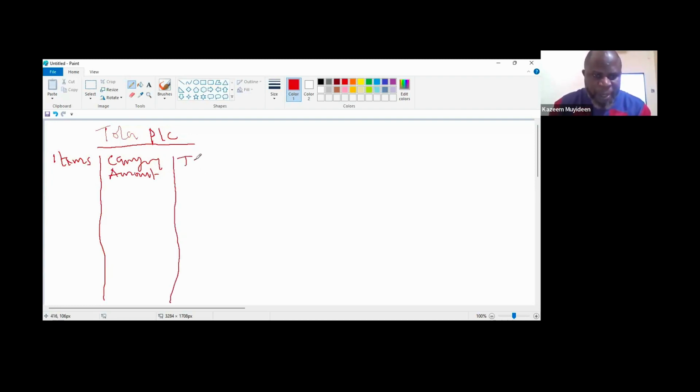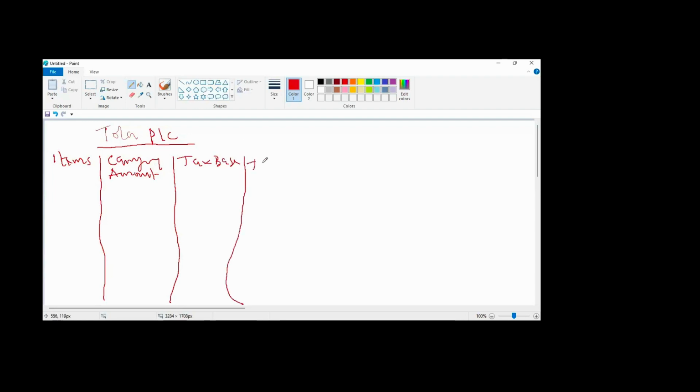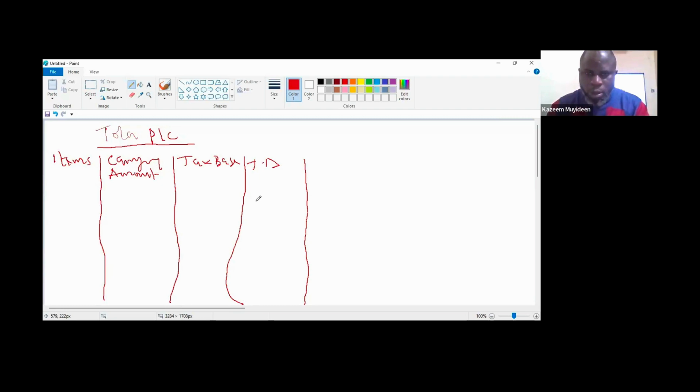The tax base. The temporary difference. Tax rate. Then a deferred tax liability or deferred tax assets.